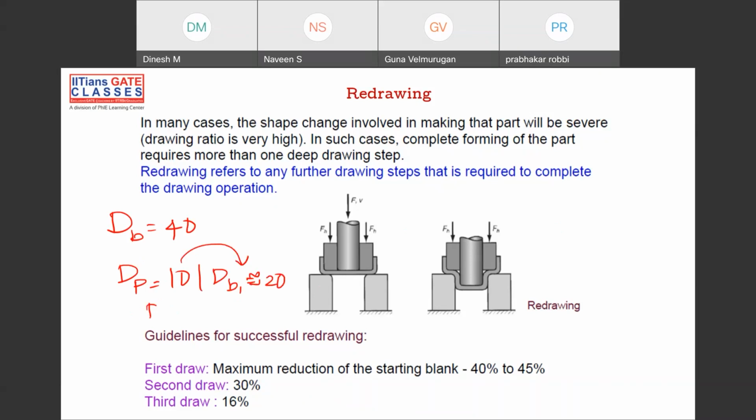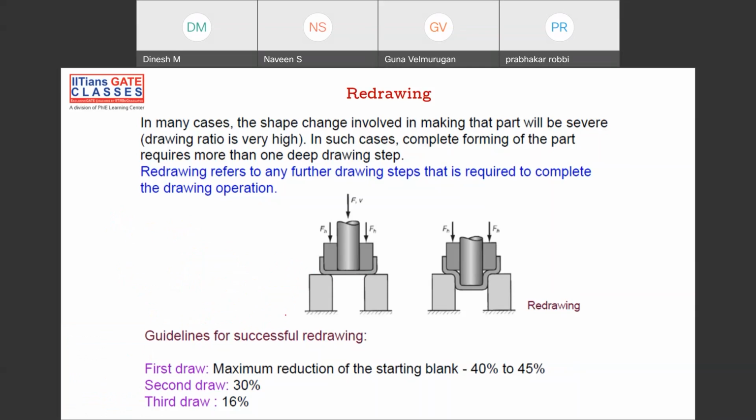Then in the second draw you make dB2, with some more change, from here to here the change will be another 20. So 20 plus 20 will be 40. You're getting my point, right? So that's the reason why, as there is a limit for the drawing ratio, or maybe the reduction ratio, whatever you consider, you have to redraw.